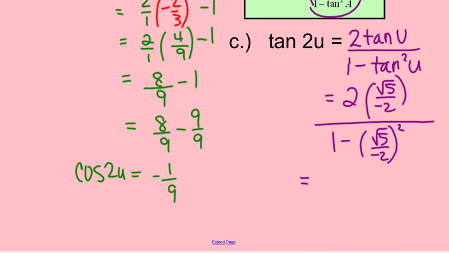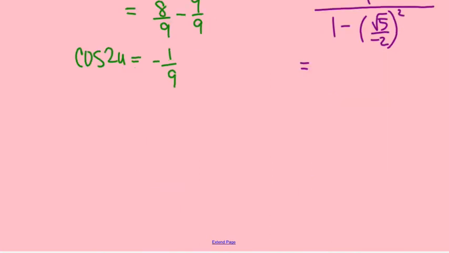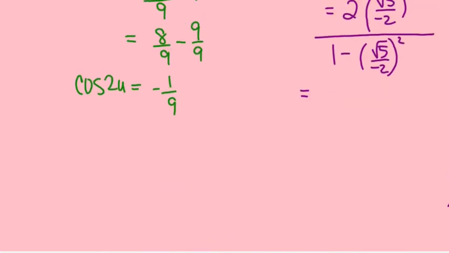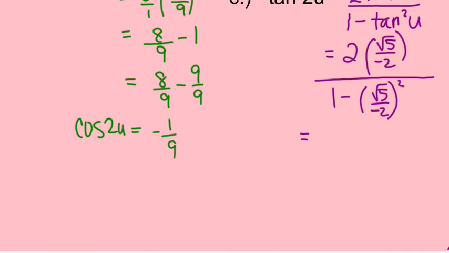Now we have some simplifying to do. So the first thing I'm going to do is go up to the numerator. Notice that this 2 and that 2 will cancel. So you're left with negative square root of 5. And then 1 minus. Now we'll take care of the squared. Square root of 5 times square root of 5 is 5.